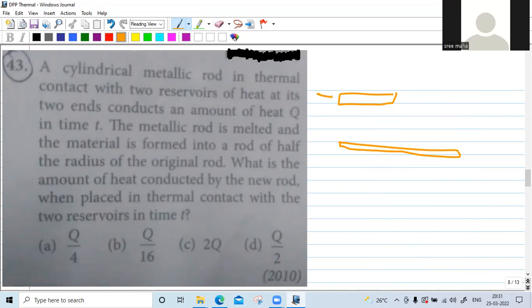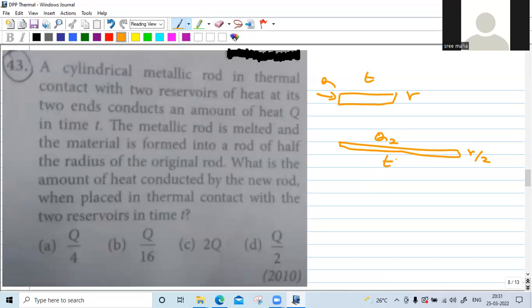The amount of heat flowing is Q and the time it takes is T. Here the radius has become R by 2. Here the radius is R. So here it is Q2, with 4 times the length, and the time is then to be found.